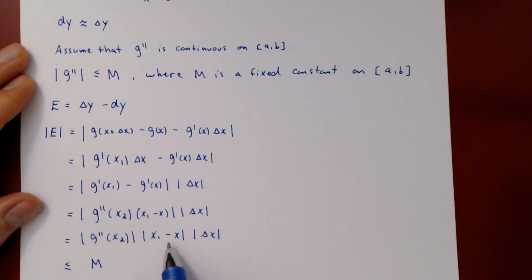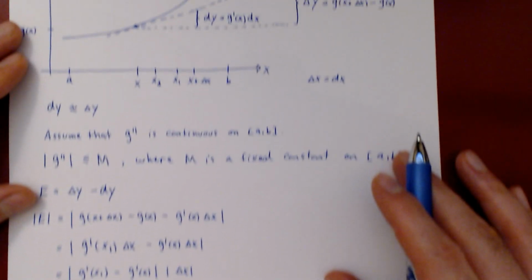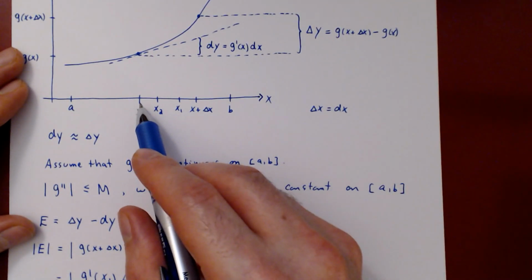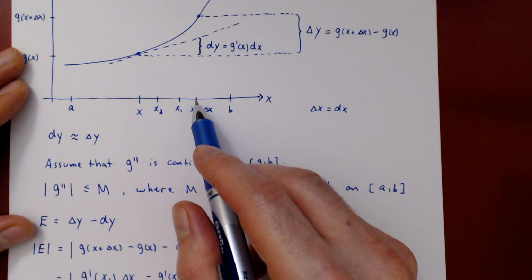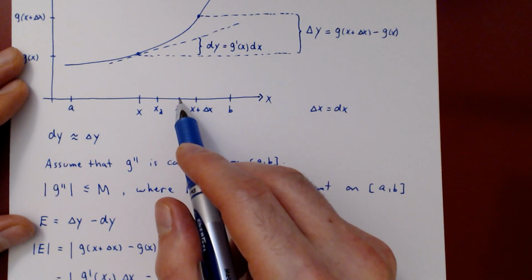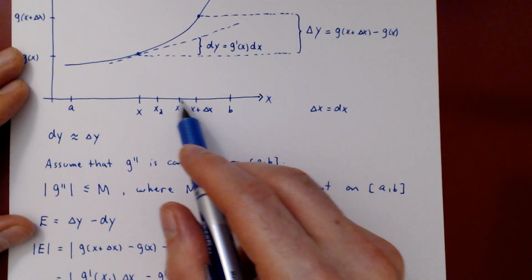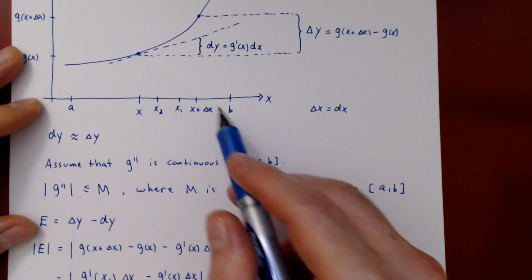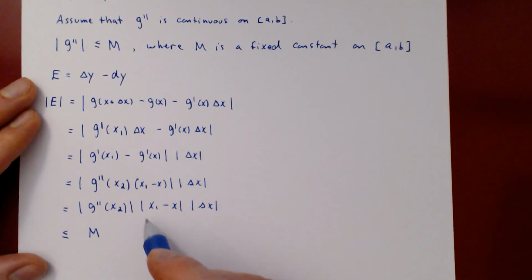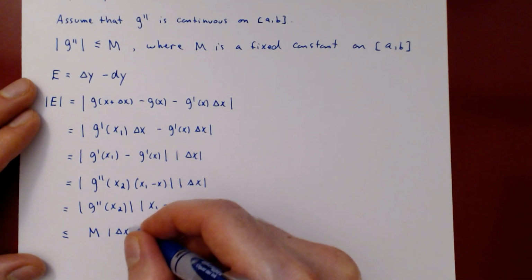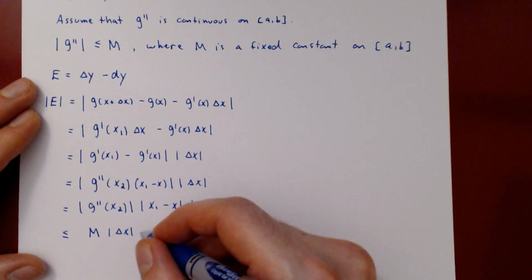Then how big can x1 minus x be? Well, if you notice, x1 is inside of the interval from x to x plus delta x. Therefore, x1 minus x is at most the length of the full interval, which of course is delta x. So this term is also at most delta x in absolute value times delta x in absolute value.